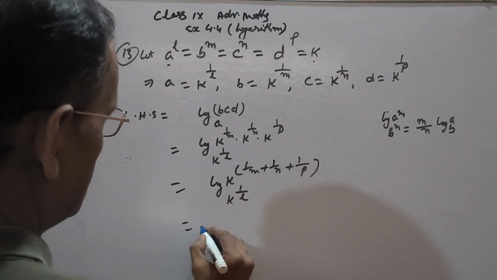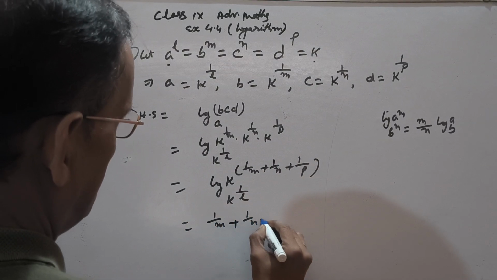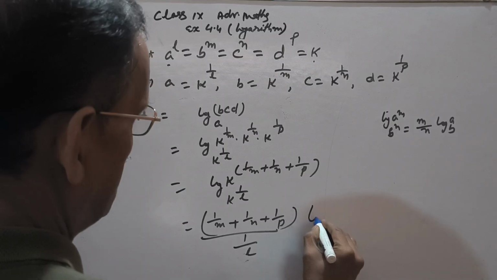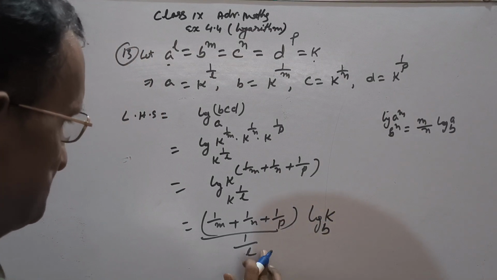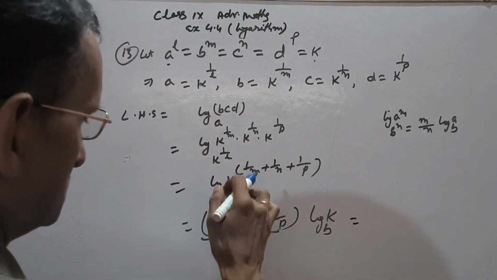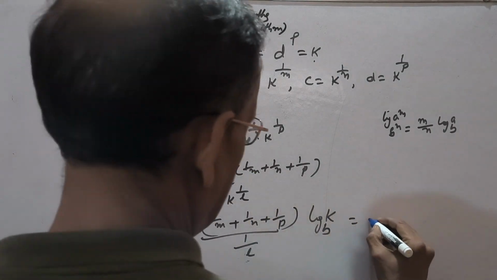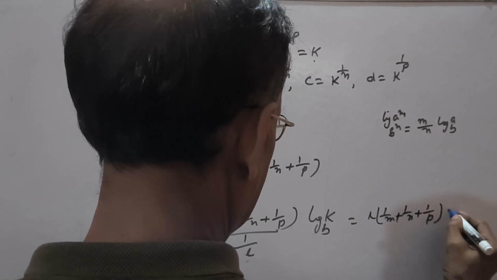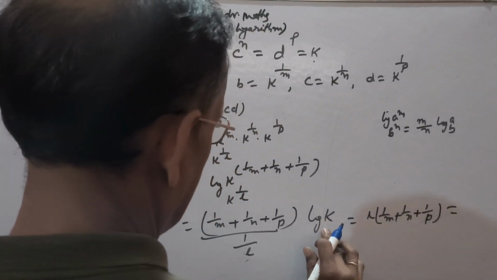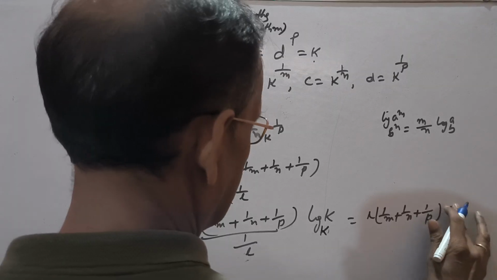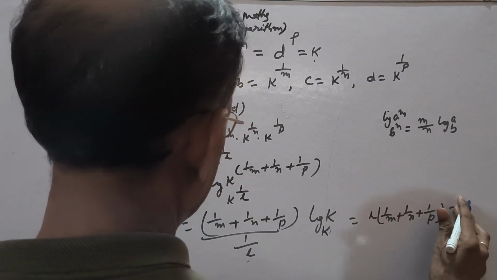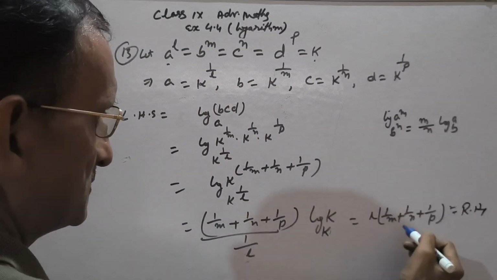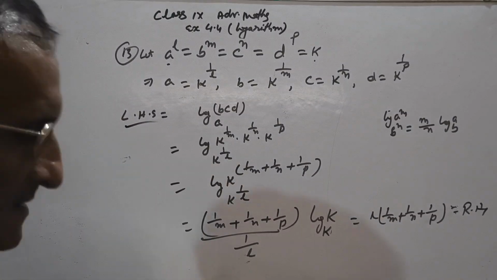So this by this, what will be here? 1 by M plus 1 by N plus 1 by P by this 1 by L into log K to the base K. So the reciprocal will do: L into 1 by M plus 1 by N plus 1 by P. So this is log K to the base K, no? Into 1. So this is only, and this is only RHS. Now take the base K is 1. You have taken left hand side, this is the right hand side.